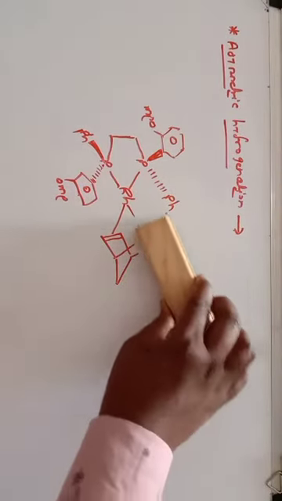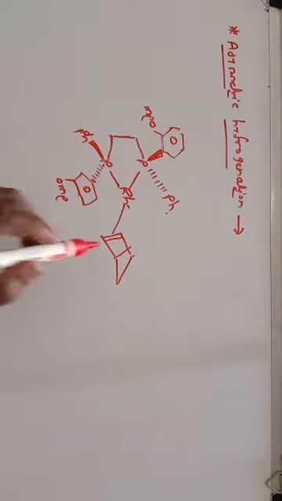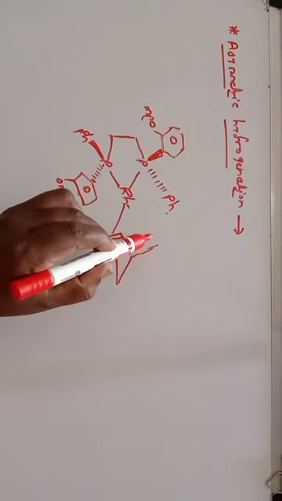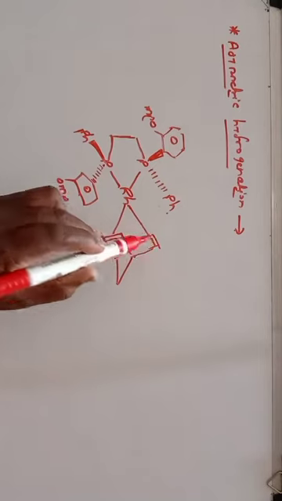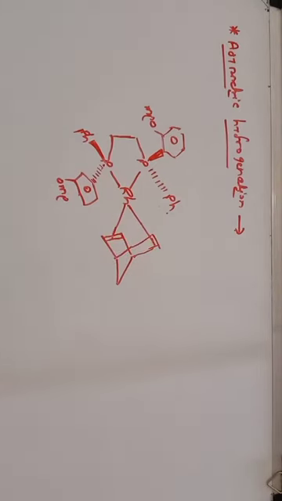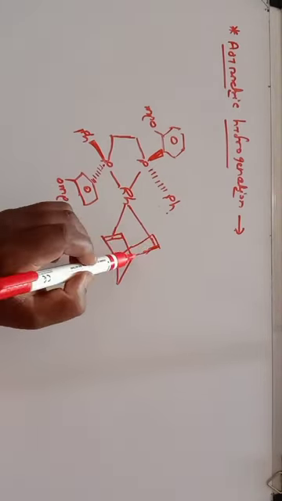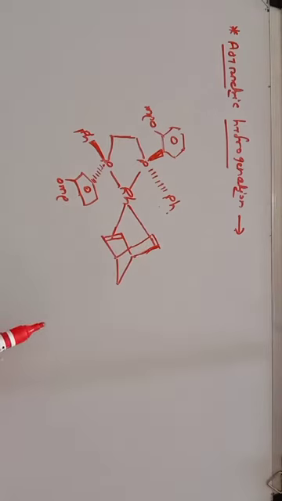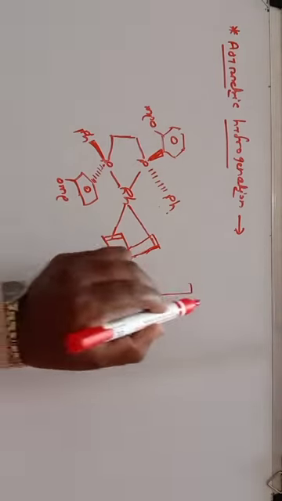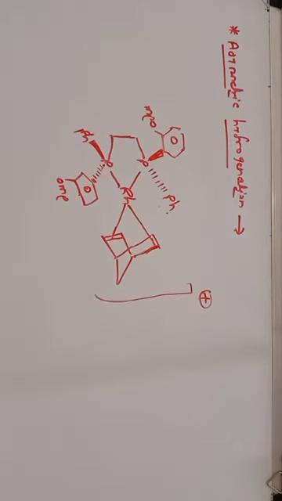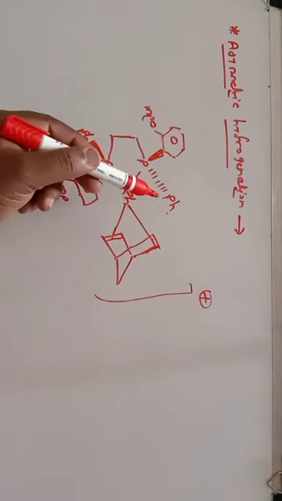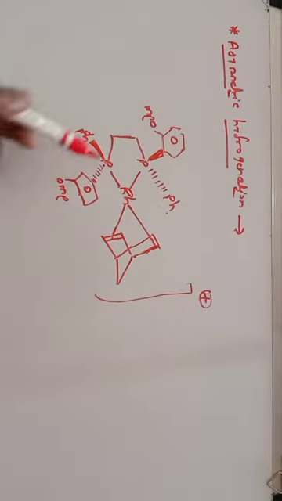You can write here this double bond and this double bond. The complex has a net positive charge, and this is a rhodium complex. It is a chiral complex because if you see the difference, the phenyl group here is above the plane, here it is below, here below, and here above the plane. So they are not in the same plane.